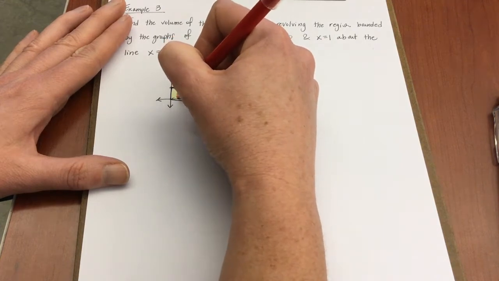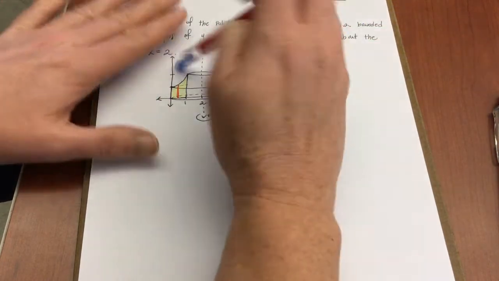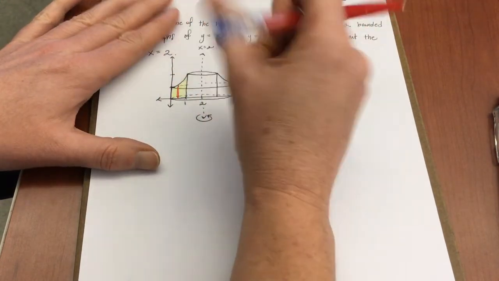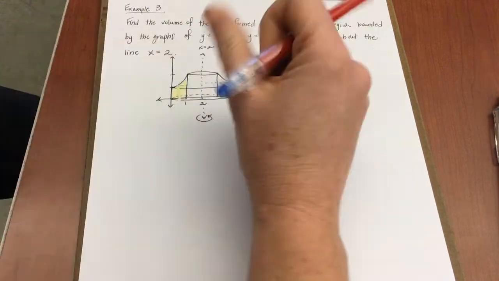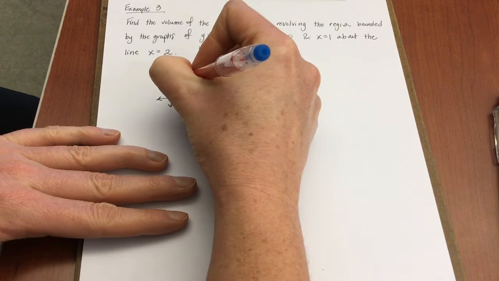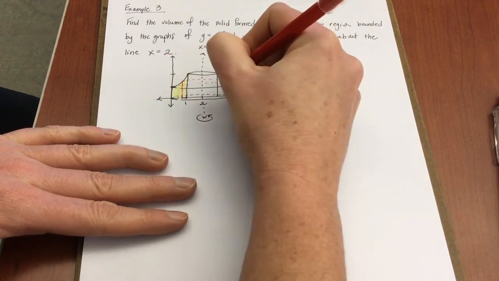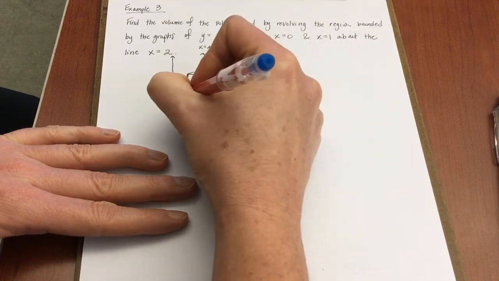Okay, so here's my dx rectangle. And then actually maybe I should draw it. No, that's fine. I'll draw it a little further in. Okay, here's a dx rectangle. And then let's draw its little trip as it gets revolved around.